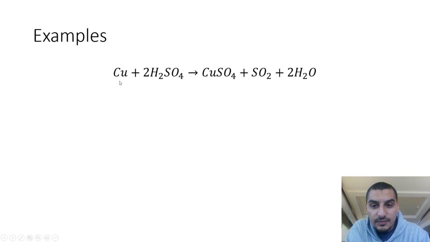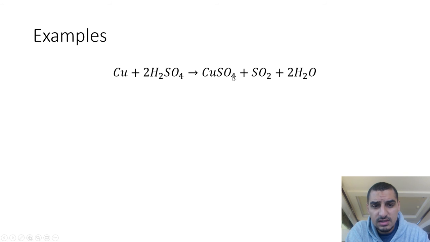So what I'm trying to do now is to see which element was oxidized and which was reduced, and how this oxidation reduction reaction took place. For sure I know that copper is part of this. It started as copper with an oxidation number of 0, and I know that SO4 is -2.